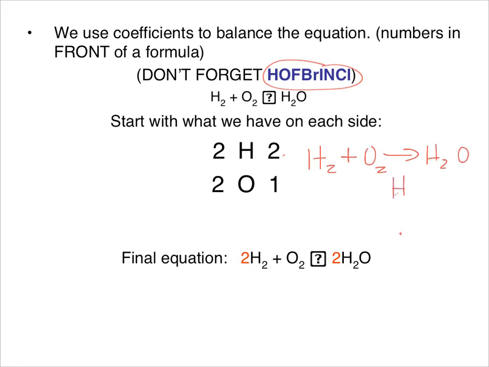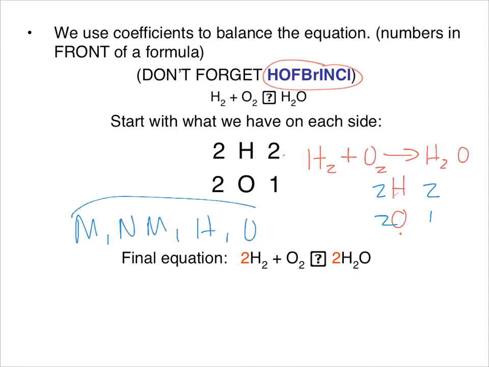You separate it into hydrogen and oxygen, and then you write down how many atoms you have on both sides. And remember, the order is metals, non-metals, hydrogen, and oxygen. M&M-HO is the preferred order that will help you balance most efficiently.